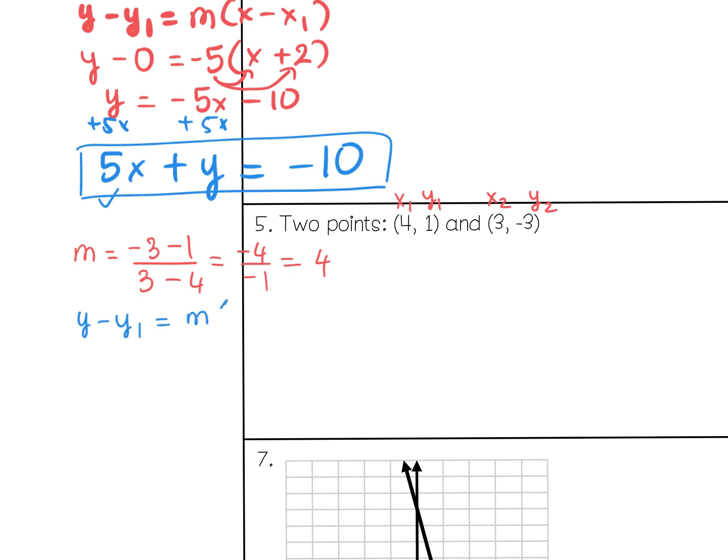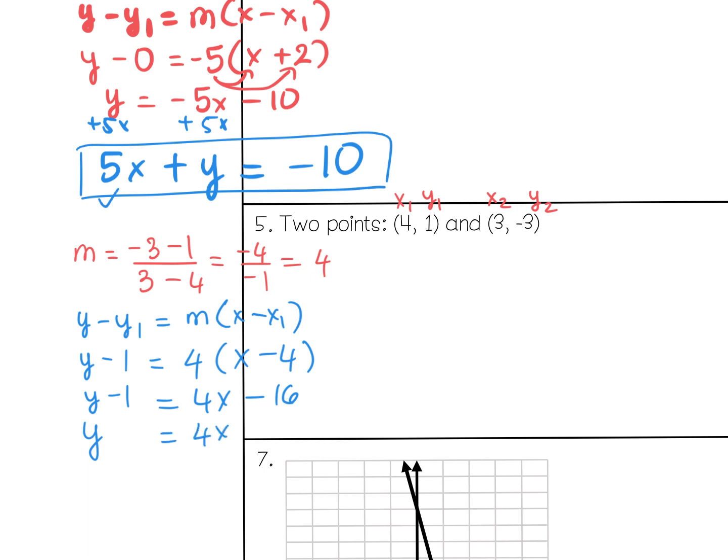Now I'm going to use point-slope form to turn it into a linear equation. So y minus y1. y1 is 1. Slope is 4. x minus x1. So x1 is 4. x minus 4. Plus 1 on both sides, so it will be negative 15.